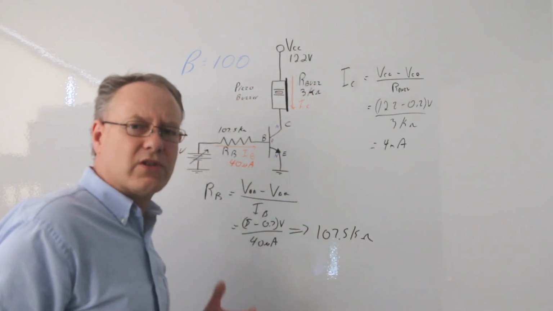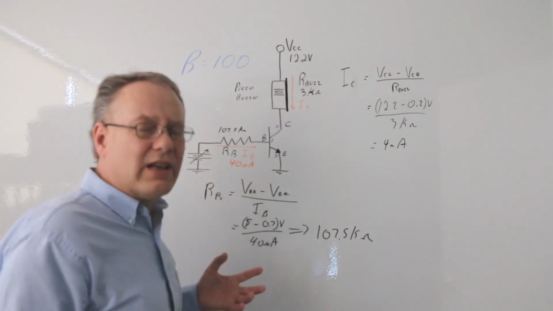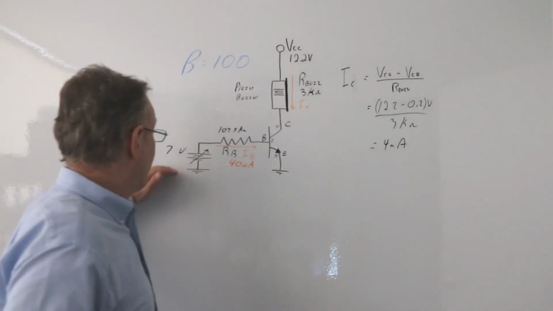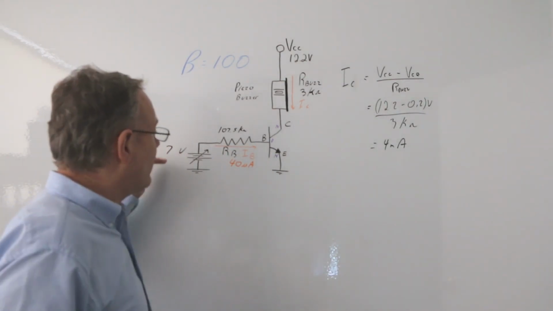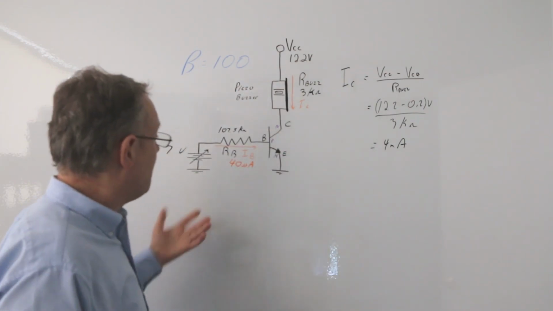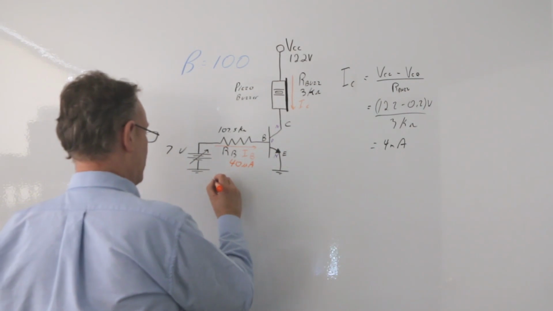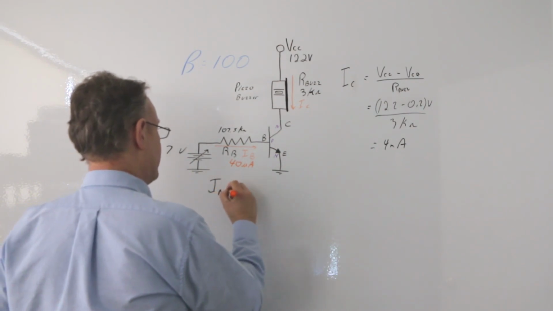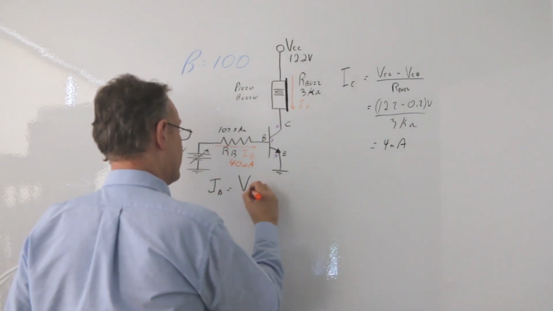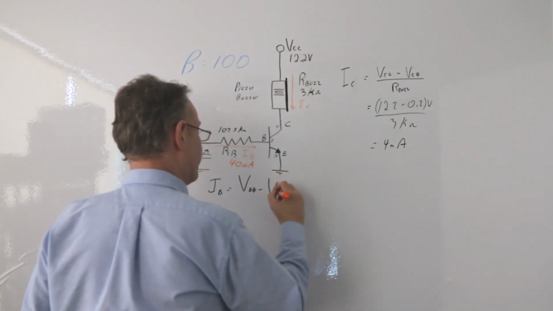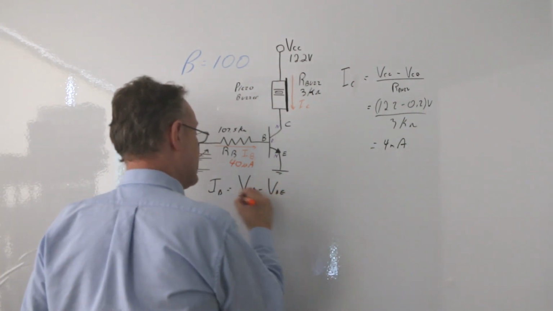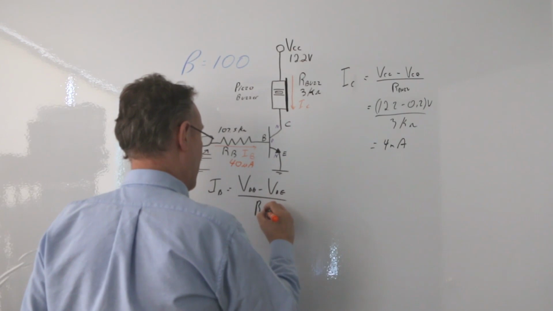If I turn it up to 7 volts, my question is, will the buzzer get louder? With 7 volts, I have to calculate how much current I have now going through. So I've got more current than that, obviously, since I've kicked the voltage up. Going back to Ohm's law again, IB equals VBB minus VBE divided by RB.